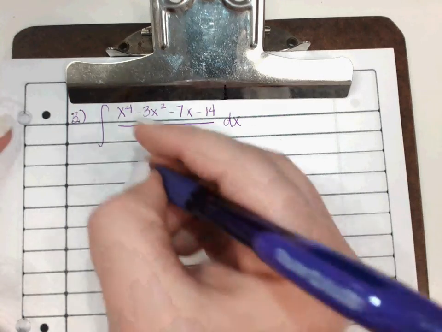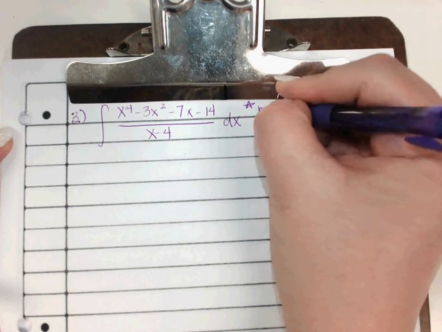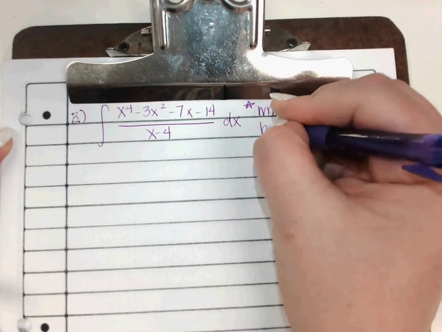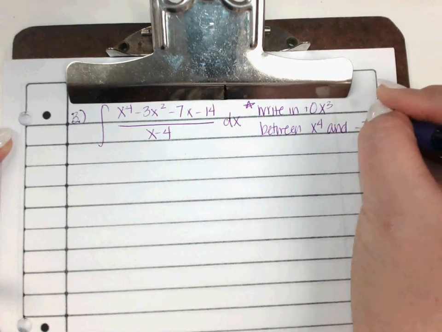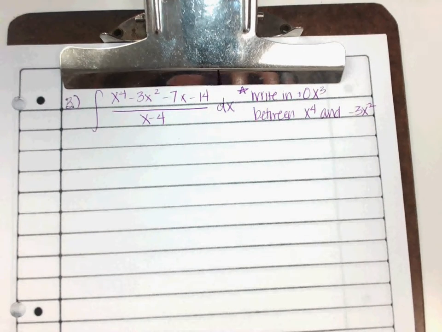So I'm going to put right here, you are going to write in a 0x cubed between the x4 and the negative 3x squared. The reason why is that when you divide, stuff will not stay lined up correctly if you don't go down in one power at a time.